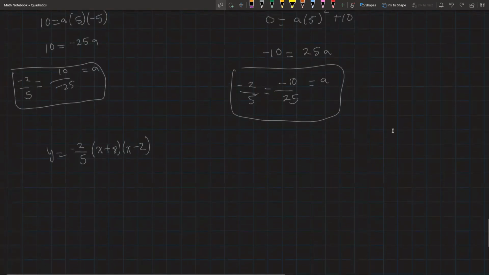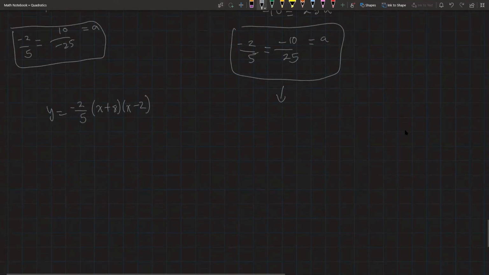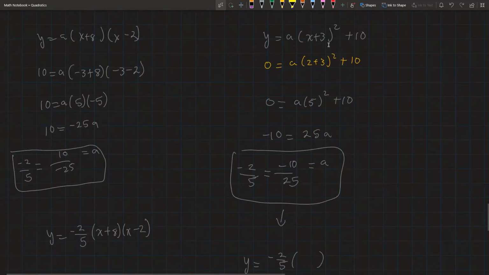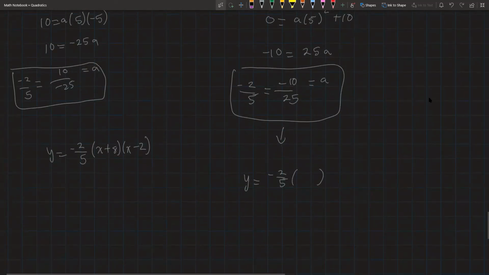And either way, oh, but look, even though we don't write them in the same way, we get the same stretch factor, which is how you know they're the same. But notice how this is beautiful. Now we can write this as negative 2 over 5 times something squared. That something was what? X plus 3 plus 10. And we would have never known otherwise that these two are equal to each other, which is amazing.